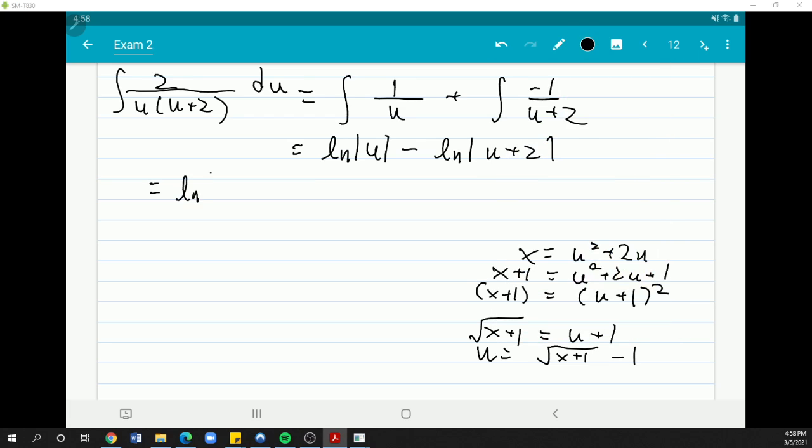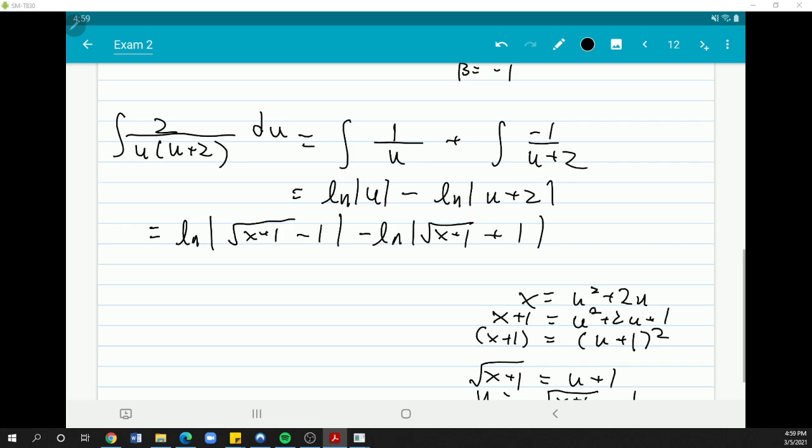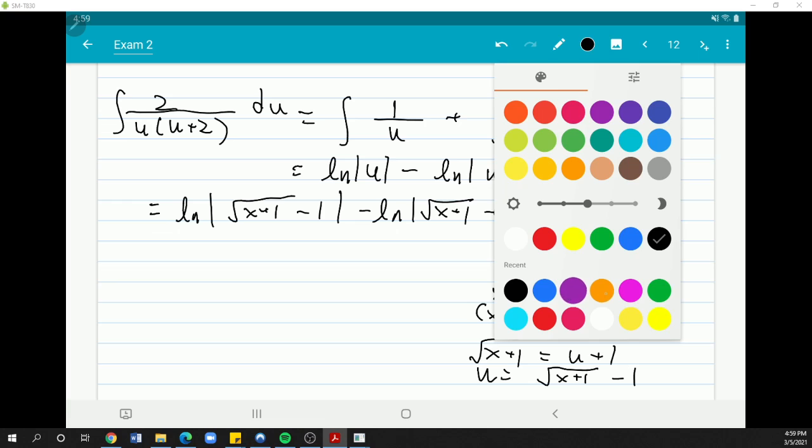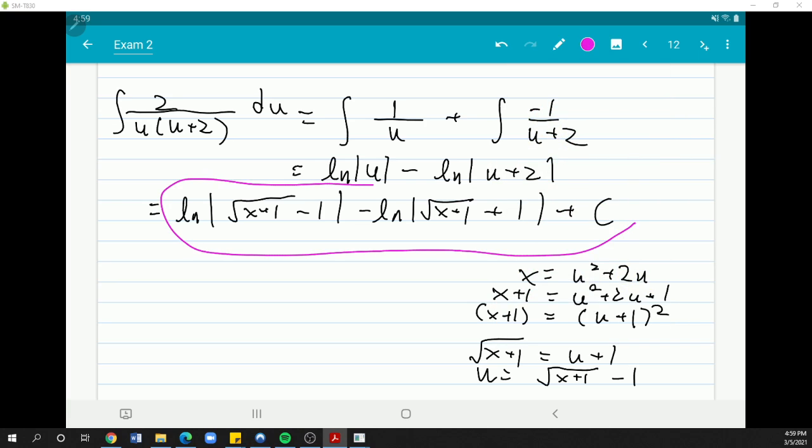So now we put that in: natural log of square root x plus 1 minus 1, minus natural log of square root x plus 1 minus 1 plus 2, which is going to be plus 1. So I don't know, that seems pretty cool that we can do that, but obviously plus c. And so that is your number 7.